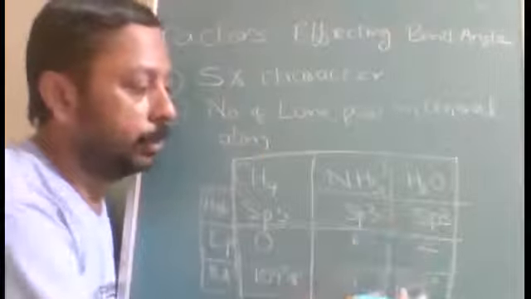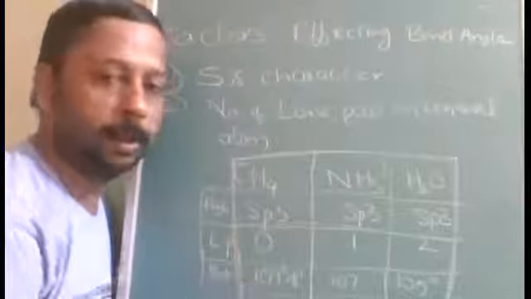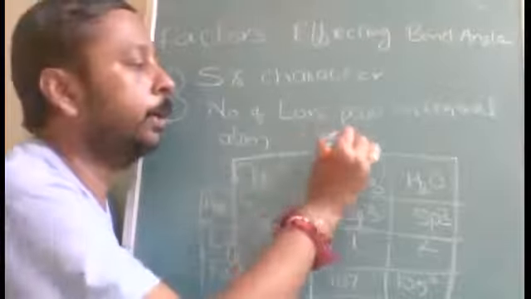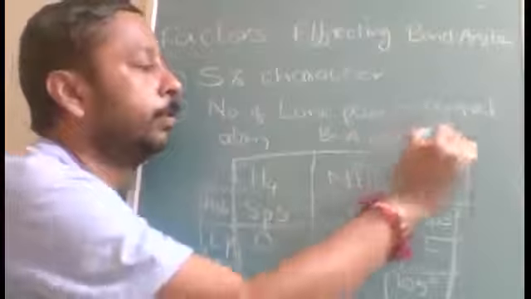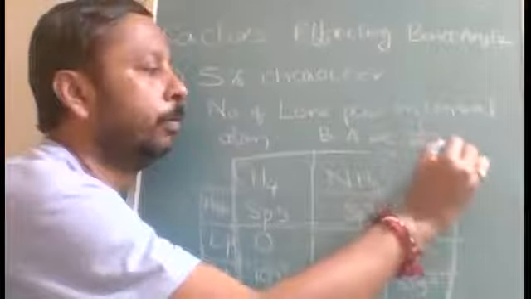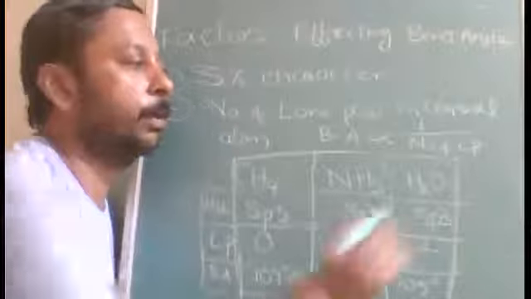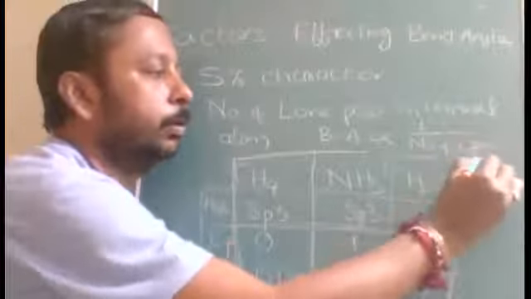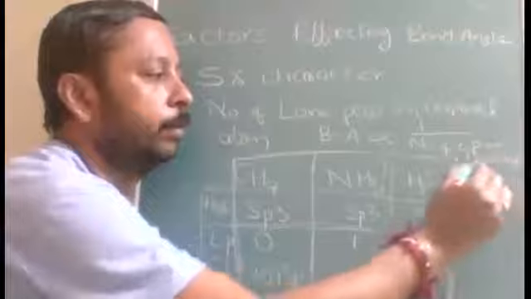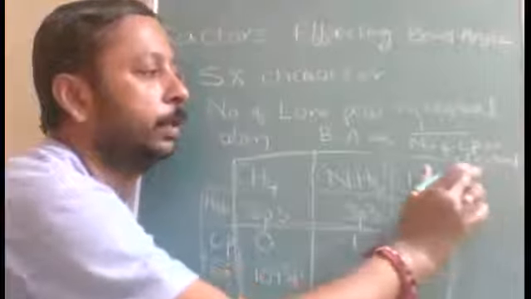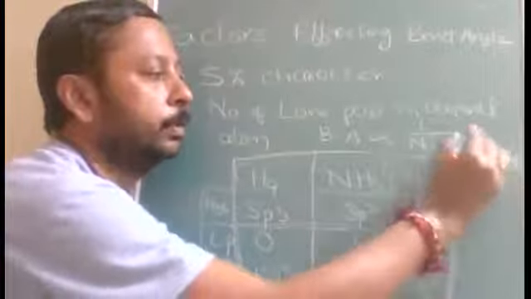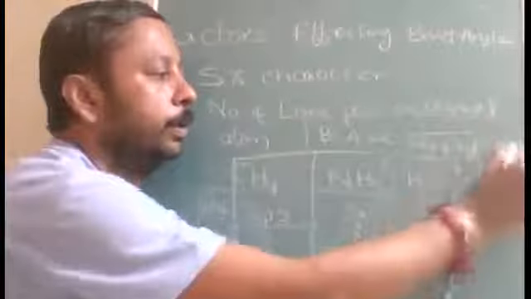Lone pair 2, 105; lone pair 0, 109. So bond angle is inversely proportional to the number of lone pairs. And you should be very sure that it is the number of lone pairs on the central atom. Note this down.